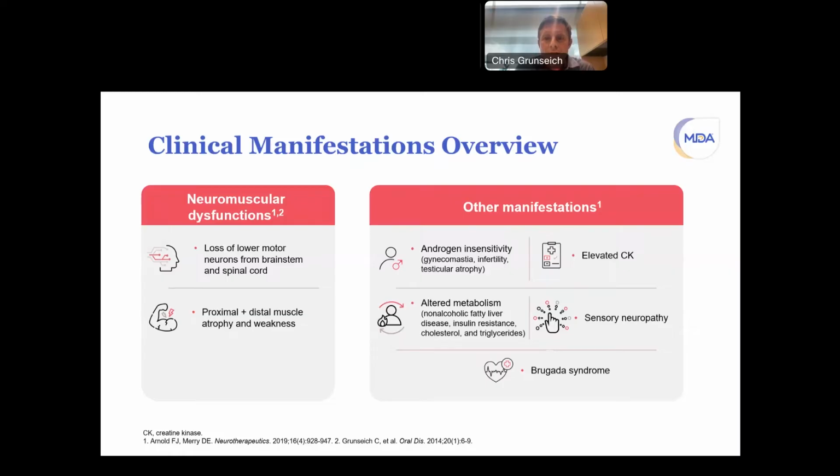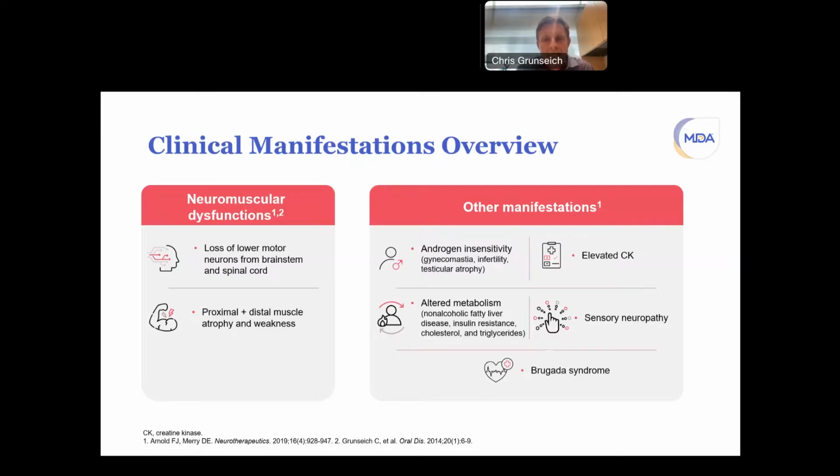Some of the laboratory tests can show elevated creatine kinase, which is typically 5 to 6 times above the normal reference range. Patients also can present with sensory neuropathy, and it's important to remember that because that can help us in distinguishing SBMA from other neuromuscular conditions. And the sensory neuropathy can also be one of the early manifestations of the disease.